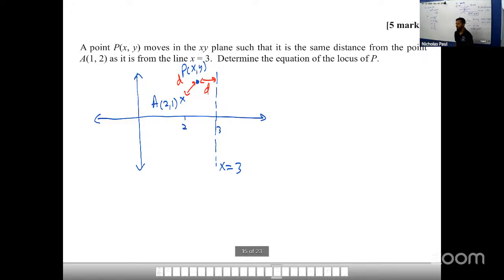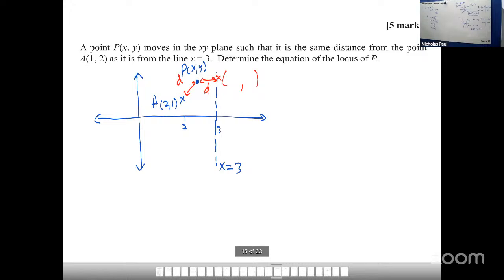Right? How do you find distance again? Distance formula, right? Square root of x2 minus x1, right? Do that fast. Adam, what's the point I'm going to use here on the line?